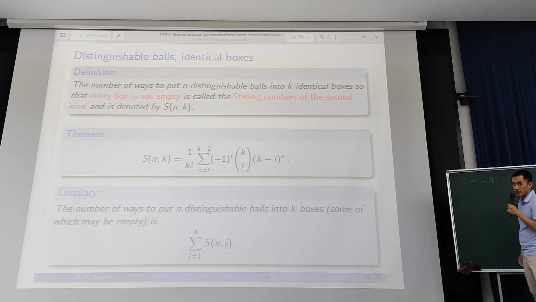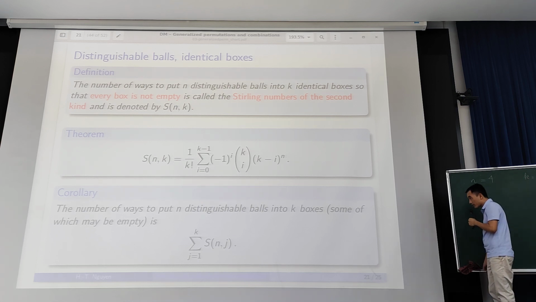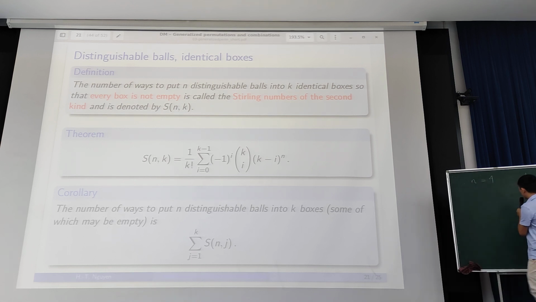So what do we need to calculate? According to the formula below here, we need to calculate S for 1 plus S for 2 plus S for 3.